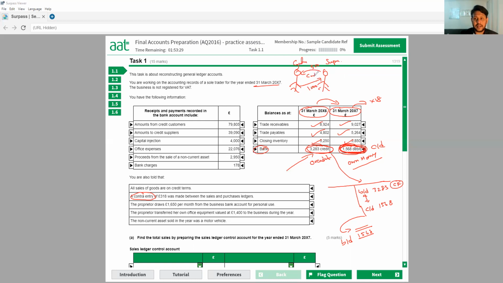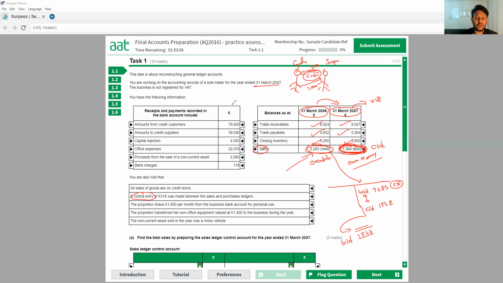Now when this has happened, of course, they both will agree to that, but the sales ledger control and the purchase ledger control will not agree, because the sales ledger control will say I didn't receive the whole amount from the customer, and the purchase ledger control will say I didn't pay the whole amount to the supplier.